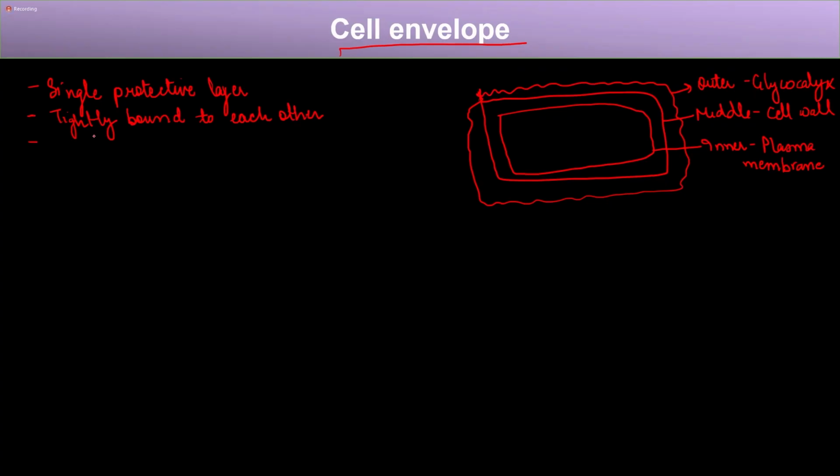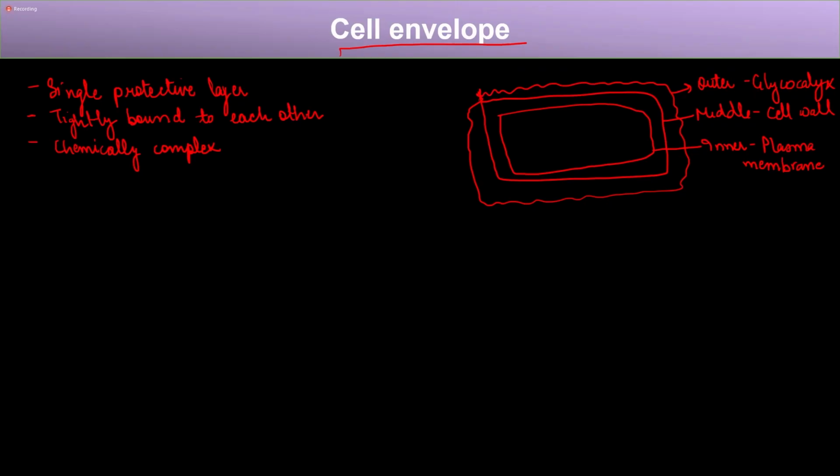So the cell envelope is characterized as a chemically complex structure, because its three layers are made up of different types of chemicals. So this is what the cell envelope function is and how it looks.